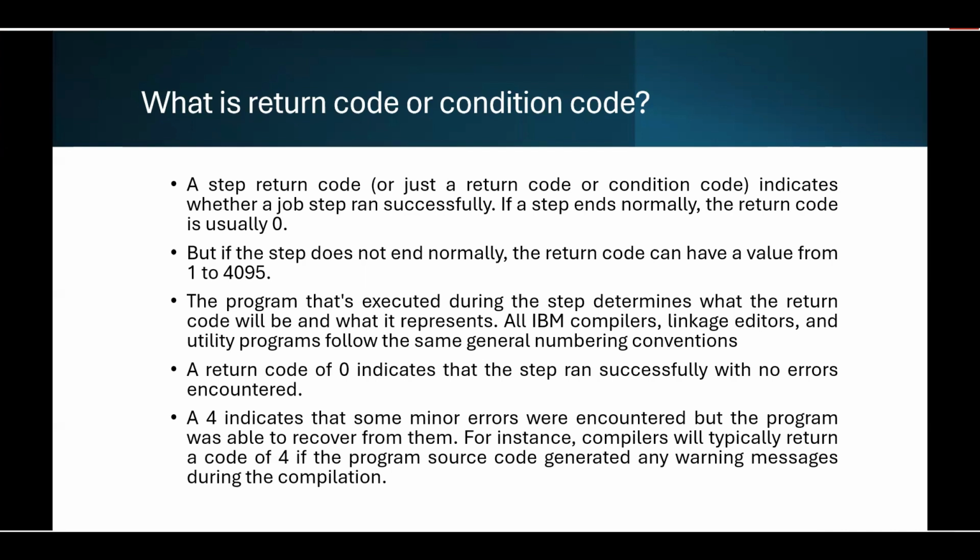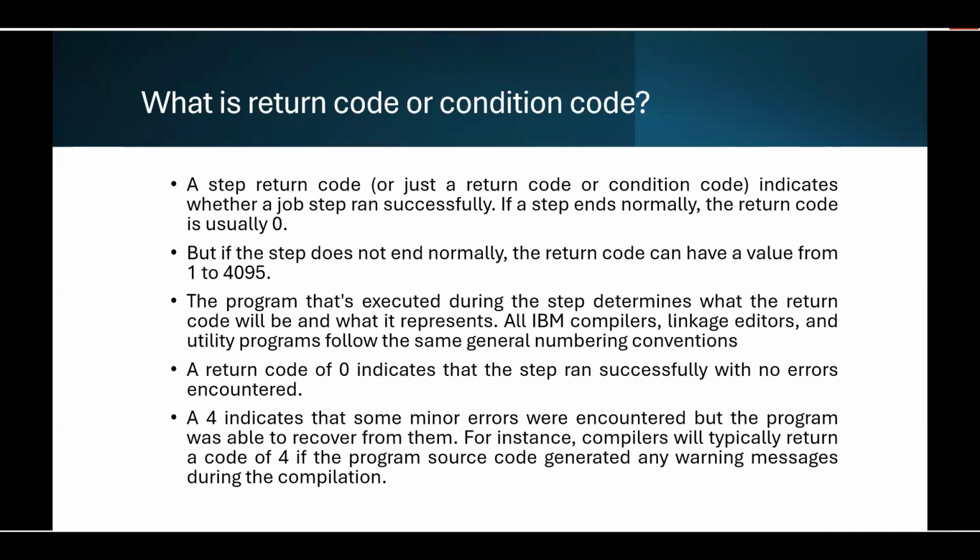That is regarding return code 0 and return code 4. Return code 0 means no errors were encountered, your job step completed successfully, all good. And a return code of 4 is also accepted, your job step will get executed, because we have a minor error and our program was able to handle or recover from that.